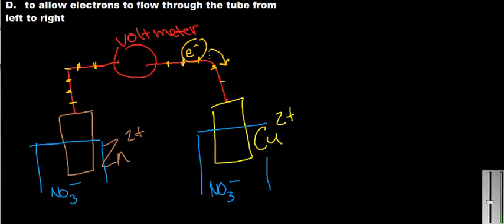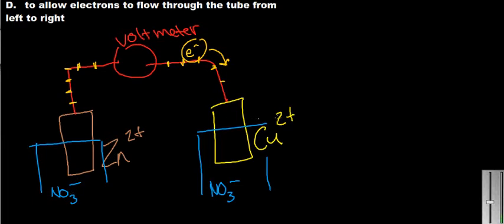But the fact of the matter is that would only occur for just a couple of seconds before the reaction would no longer continue. Why would it no longer continue? Well, the zinc metal that we have, a solid, is going to lose electrons, so it's going to become a zinc 2 plus ion. And the zinc 2 plus ion is going to partner with a nitrate.